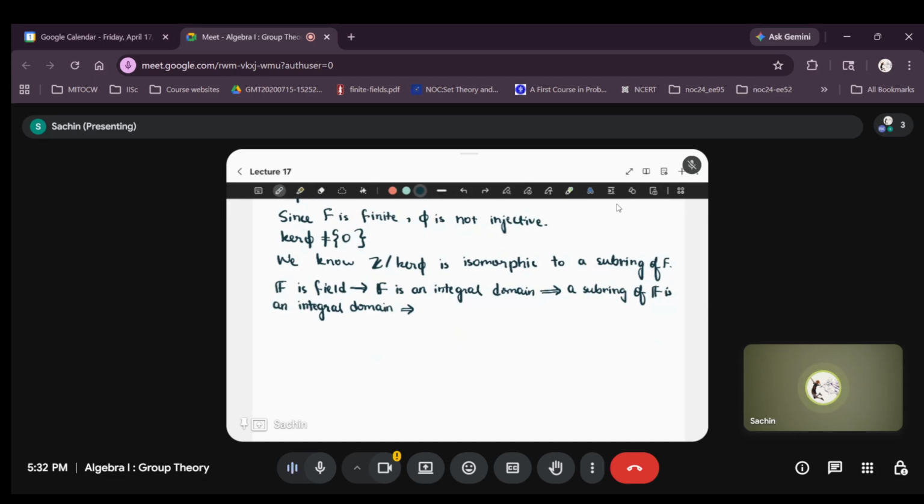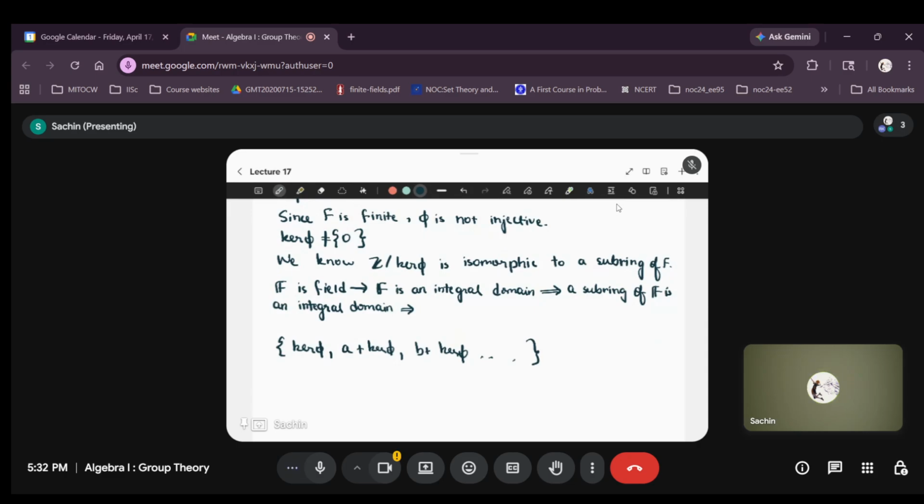Yes, I had explained cosets, right? This is simply the set of cosets of the kernel. So Z mod kernel phi is kernel phi, some element in Z plus kernel phi, some other element in Z plus kernel phi, etc. Depending on what the field F is, that will give a particular structure to phi.